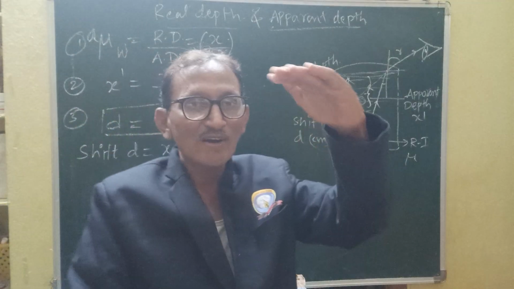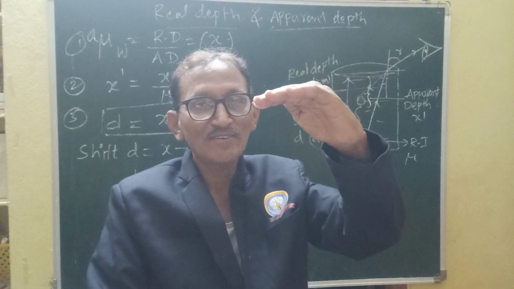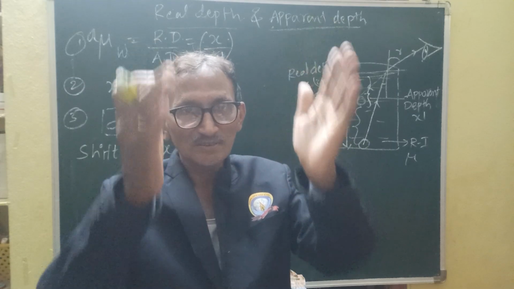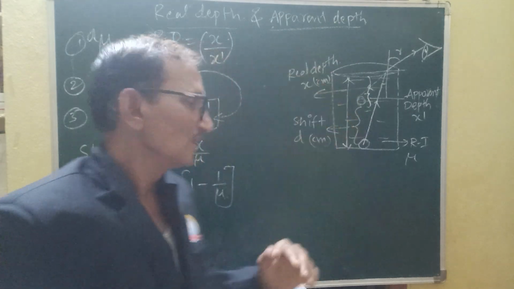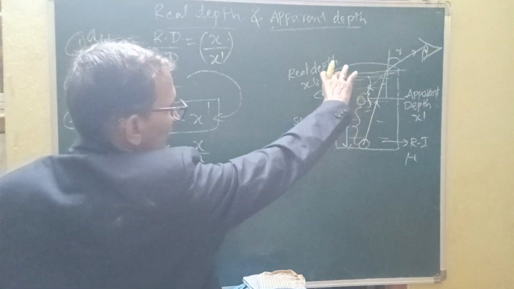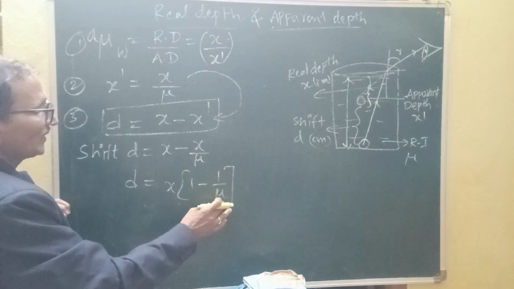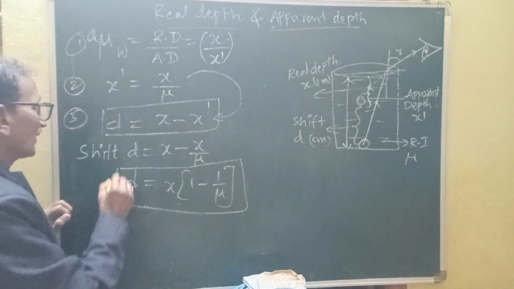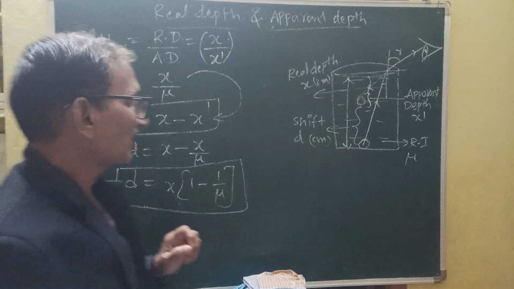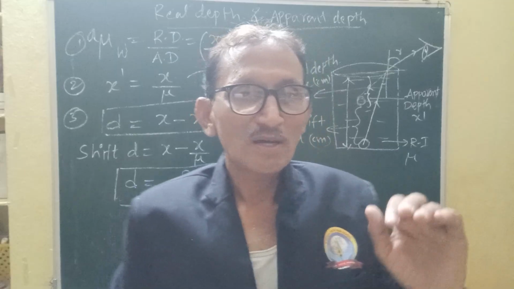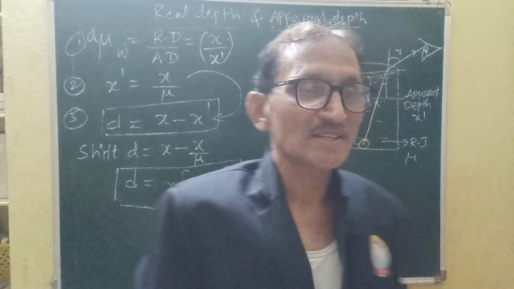That is the water level, the complete thickness of the water level. So x stands for the total real depth, and mu is the refractive index. Suppose you wanted to create a problem, I will take the refractive index of the water as 4/3, which is 1.33, and the real depth of the water as 12 centimeters.